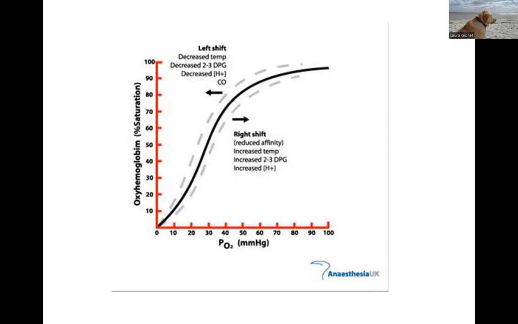And one of the questions was about oxygen dissociation, essentially, and the right shift and the left shift. So the normal level is going to be the thick black line, and we have oxyhemoglobin percent saturation on the vertical Y axis, and the oxygen pressure in millimeters of mercury, I guess, on the x-axis, right?